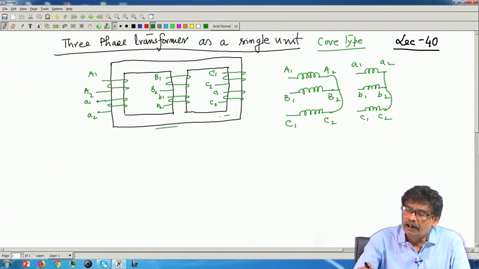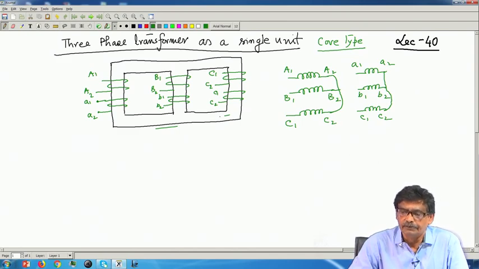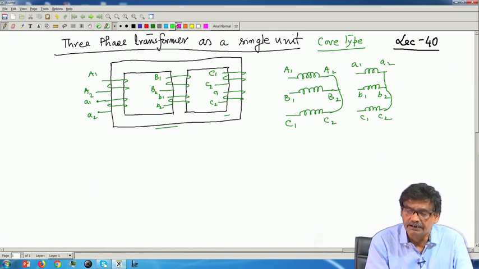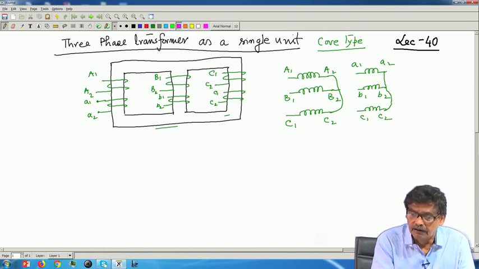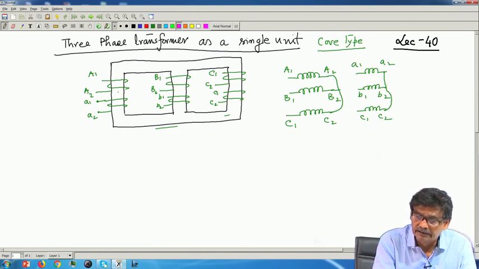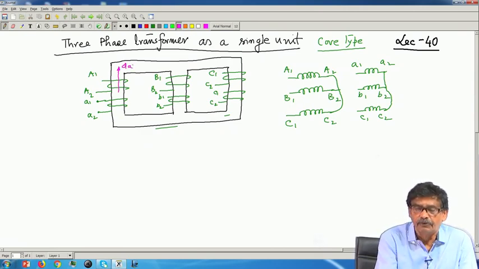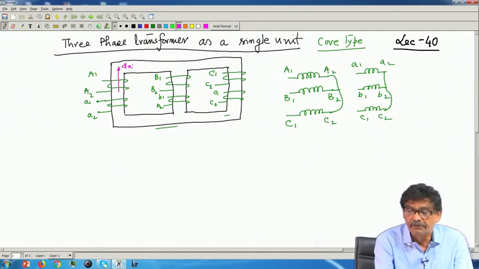Now, if you energize it with a balanced 3-phase source, then one thing is clear, as I am repeatedly telling you. Suppose the primary is star connected. So, the flux created by A phase, phi A, its value gets fixed by this voltage, as v is n d phi dt.